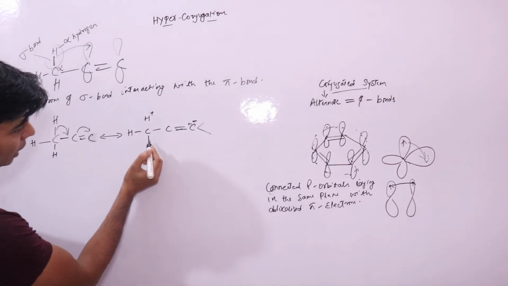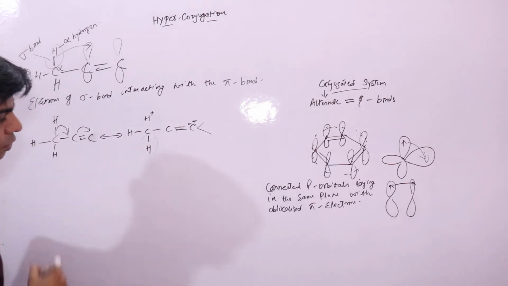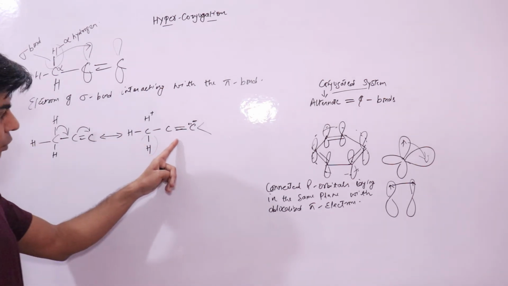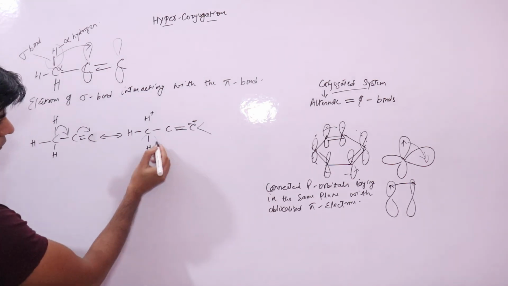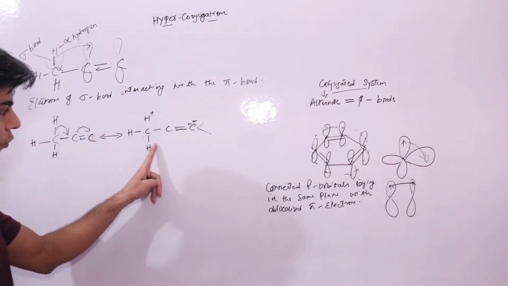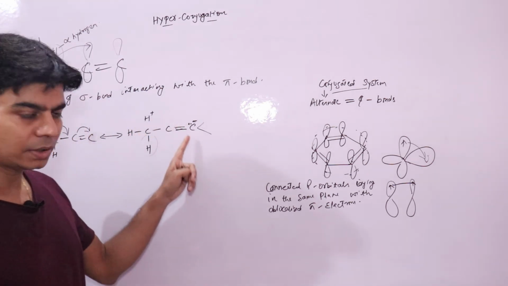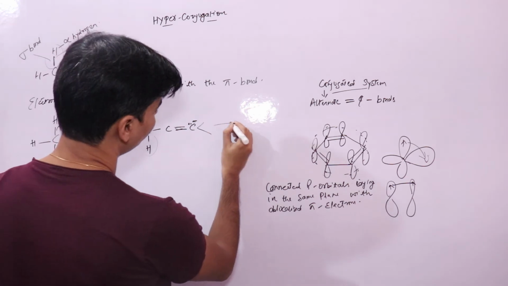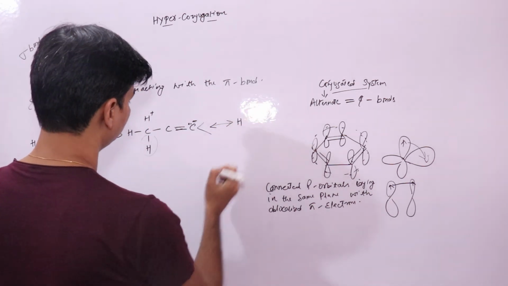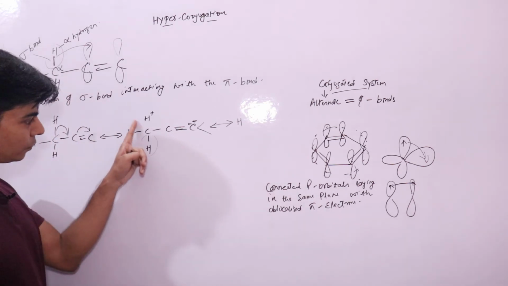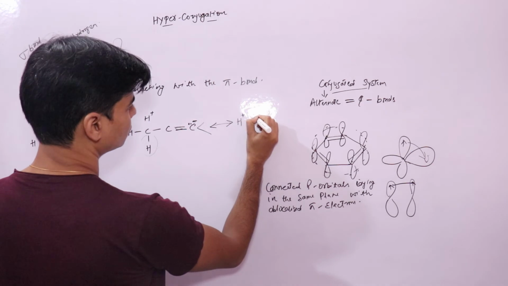Now, since you have this CH bond also, which is at the alpha position to this double bond, electrons from this can also move towards the double bond and polarize it. Electrons from this bond also can move and polarize it. So you have a number of structures. If the electrons of this sigma bond move, this is what you will get.